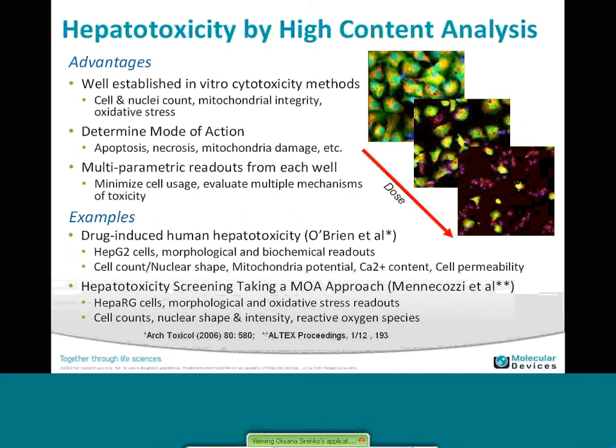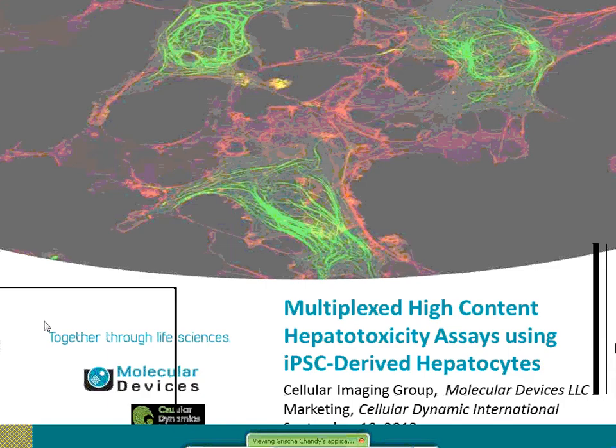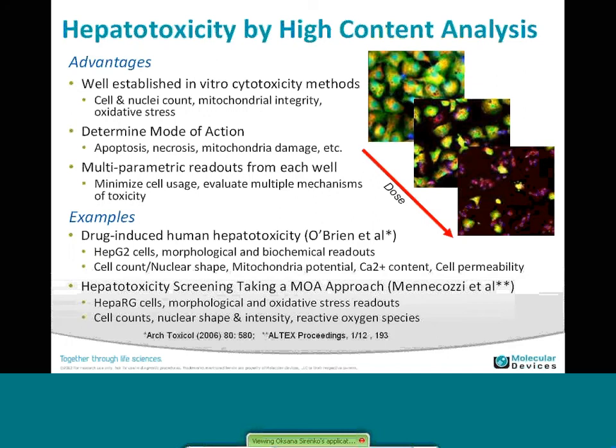There are a number of publications on this topic, including the O'Brien paper, which described using HepG2 cells in hepatotoxicity studies, comparing morphological and biochemical readouts. The assay used multi-parametric analysis, which included nuclear shape, mitochondrial potential, calcium content, and cell permeability.